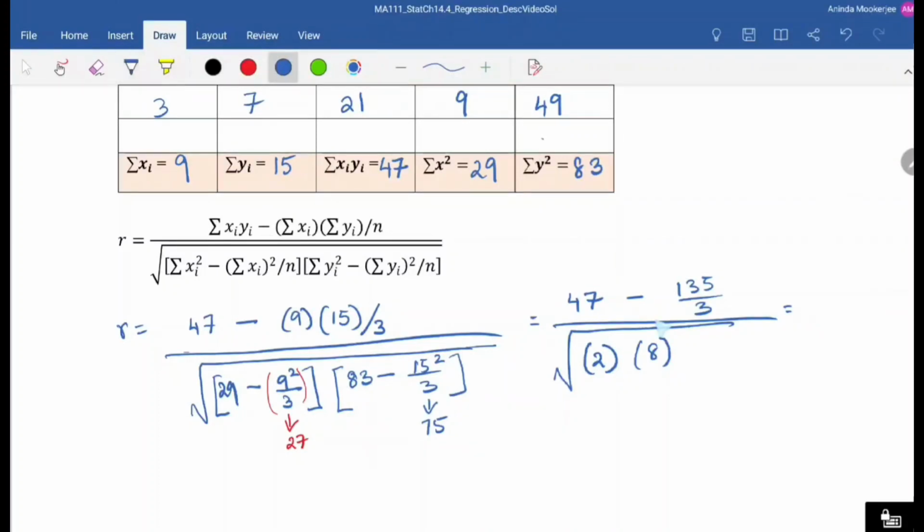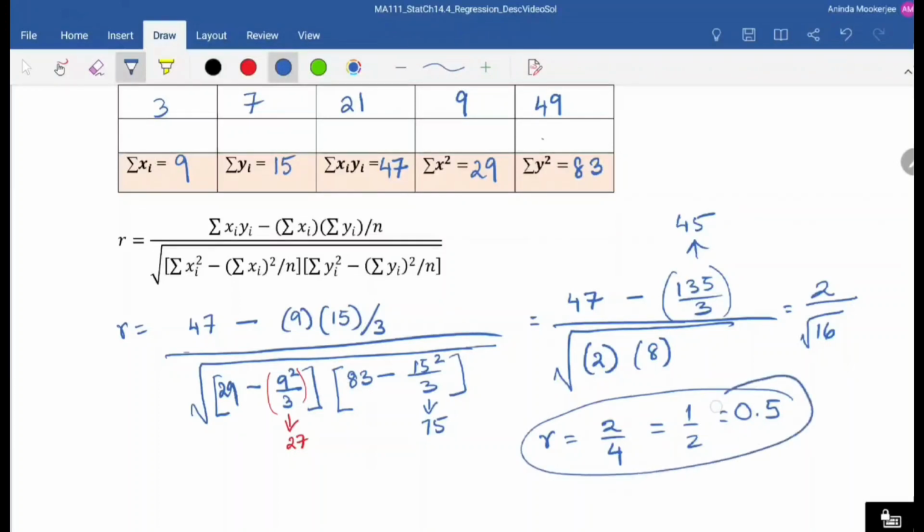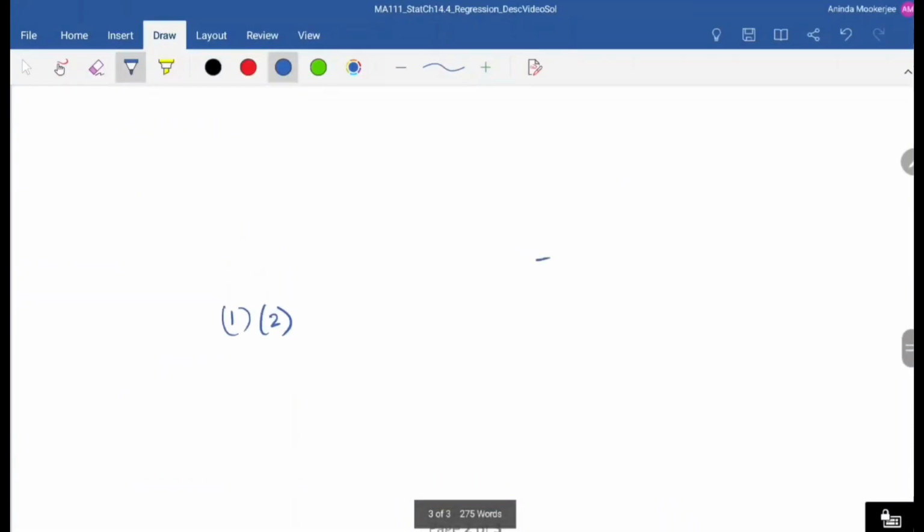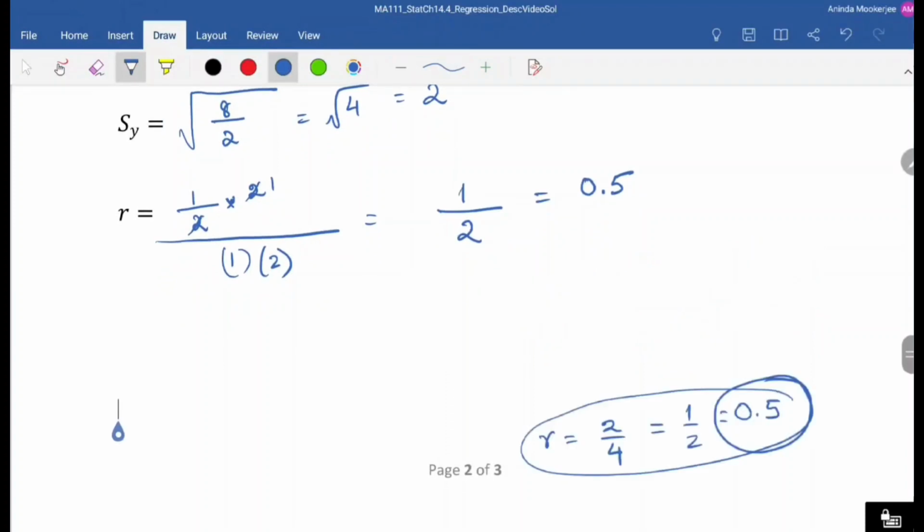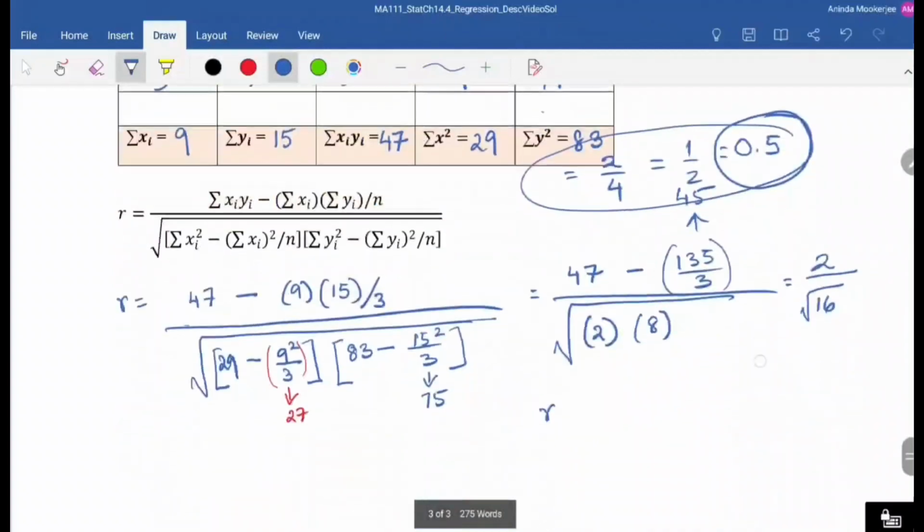We should get in the numerator a value of 2. So 2 divided by the square root over 16. Therefore, r is 2 divided by 4, which is 1/2, which is 0.5. And that's exactly what we got. The 0.5 is what we got also using our defining formula.